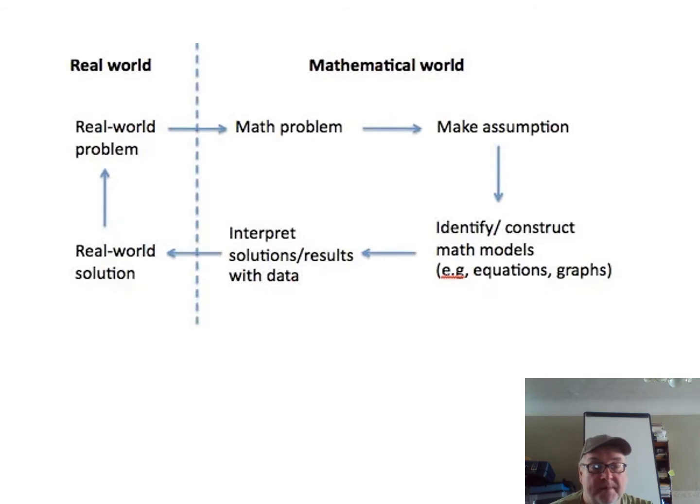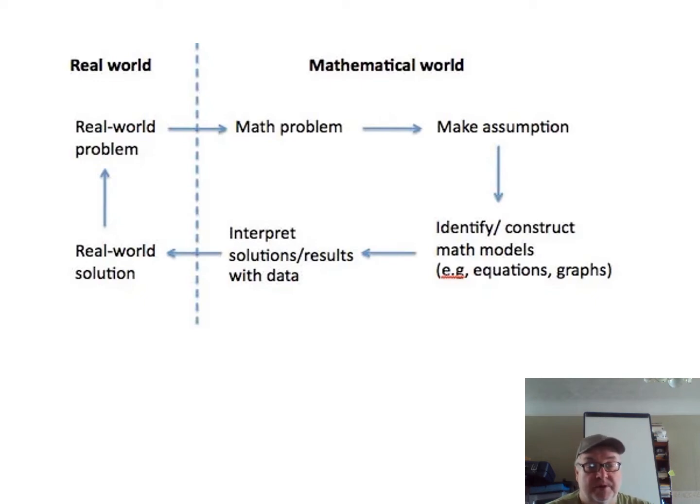This diagram shows the mathematical modelling process. Starting from the left hand side, a real world problem, you move into the mathematical world where you set up a mathematical problem and you then make an assumption, and then you go on to the next bit where you identify, construct mathematical models, and those involve equations, graphs and so forth. You then interpret the solutions, the results with data, and you apply that back to the real world solution.